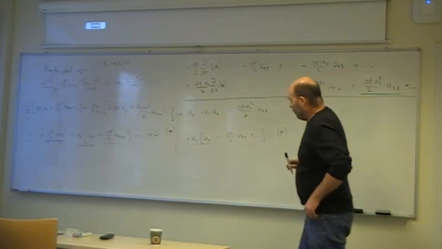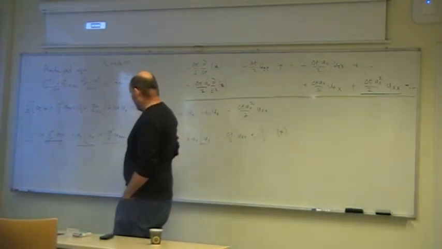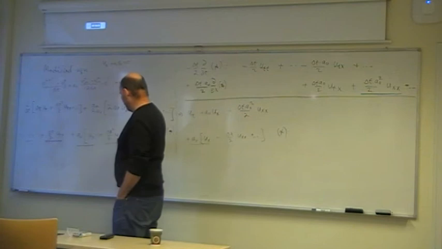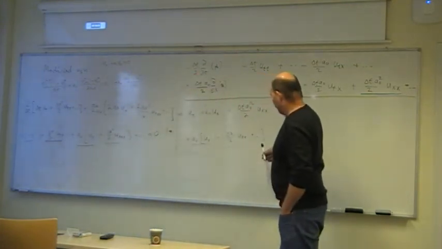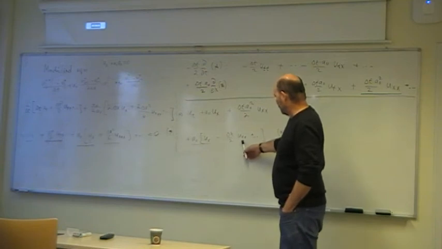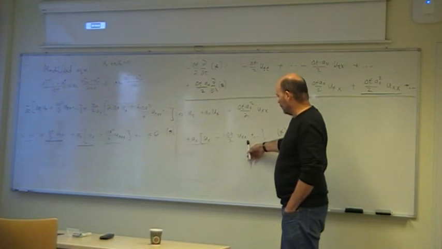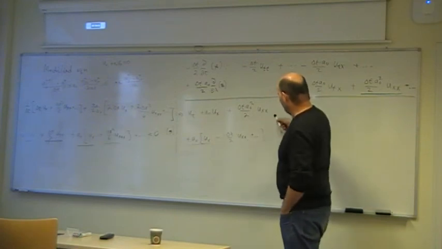What else do we have? I have some third order terms here. Don't care about that. I have a term here, but that one only belongs to the upwind version. So I write it here as well.